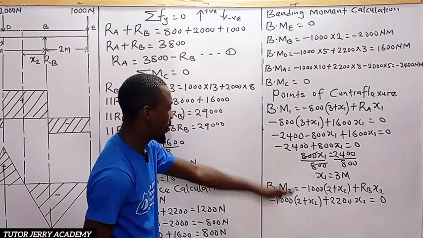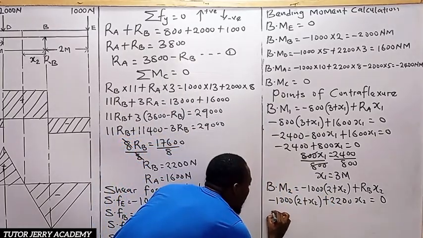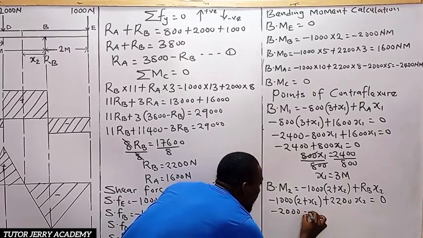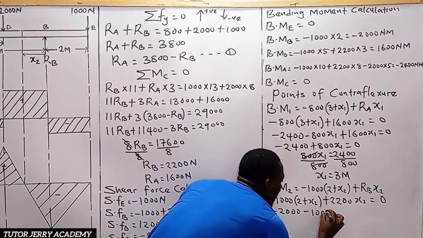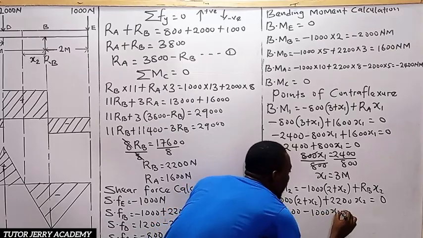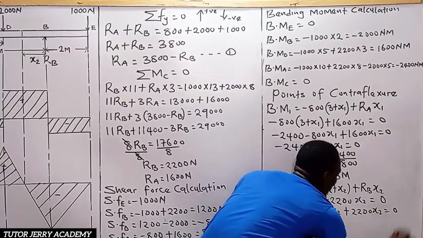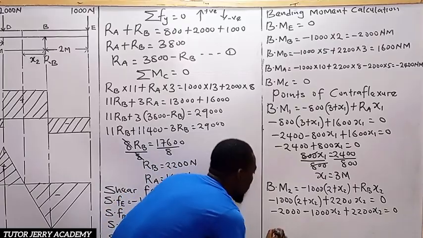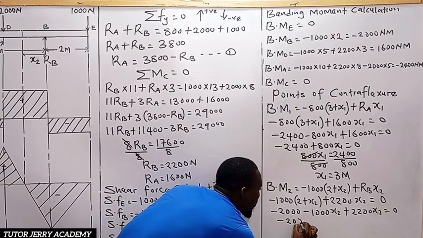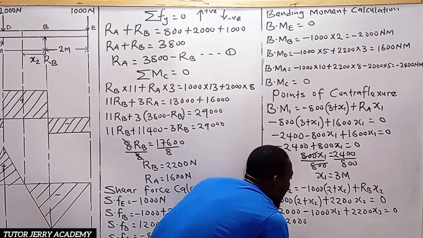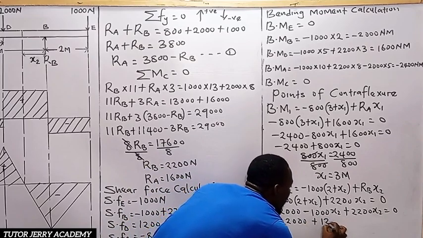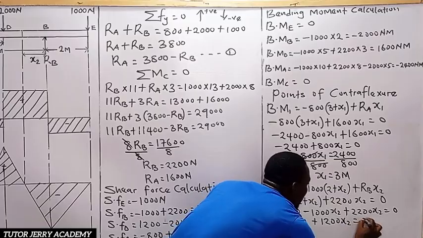If you clear this bracket, we have minus 2000 minus 1000 S2 plus 2200 S2 equals 0. So we have minus 2000, and if you do this math, plus 1200 S2 equals 0.